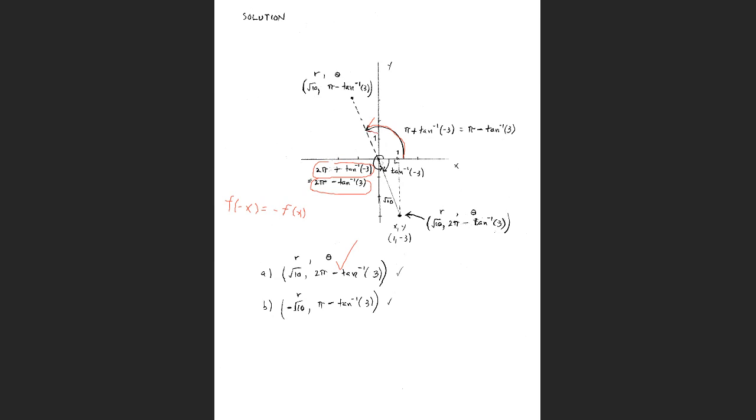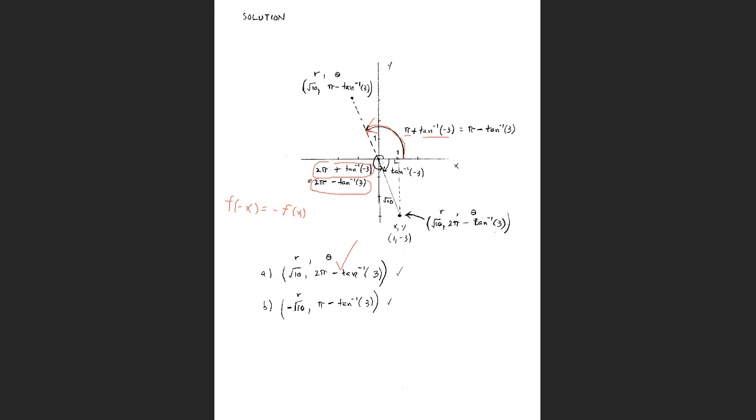I'm going to look in that direction. Well, that angle is just taking the arctangent of -3 and adding 180 degrees to it. That's going to get you right there.